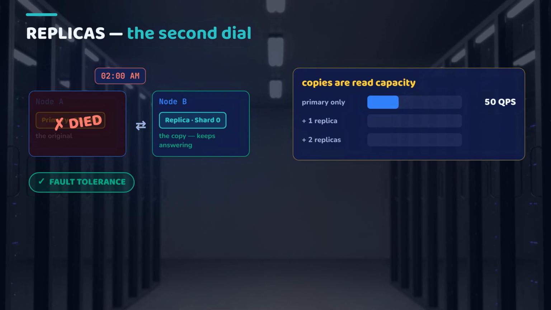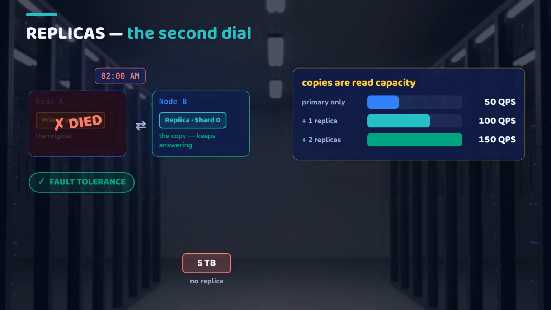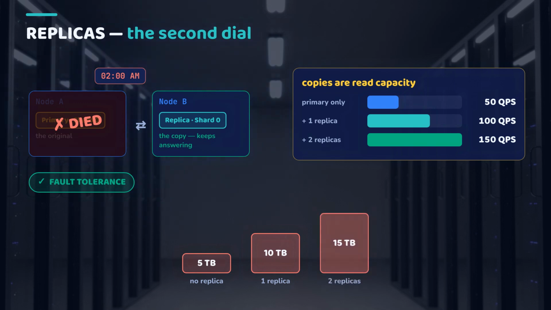If one copy of a shard can handle 50 queries a second, a primary plus one replica handles about 100. Add a second replica, 150. Here's the bill. A 5 terabyte index with one replica needs 10 terabytes of disk. With 2, 15. Reliability is storage you pay for in advance.